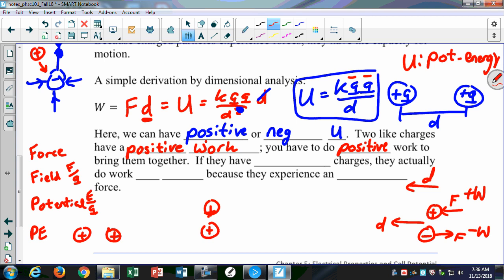So if these 2 charges have opposite charges, they actually do work on you. Or I can think of this as negative work because they experience an attractive force.